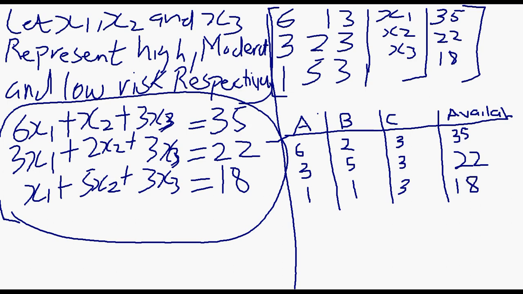In portfolio B, there are 3 blocks of moderate, wait, 5 blocks of low, and a single block of high risk. So a single block of high, and then the moderate risk is 2, and the low risk is 5. All right.